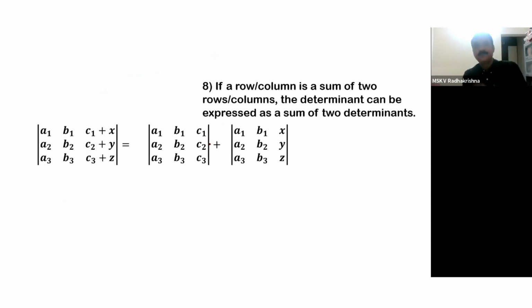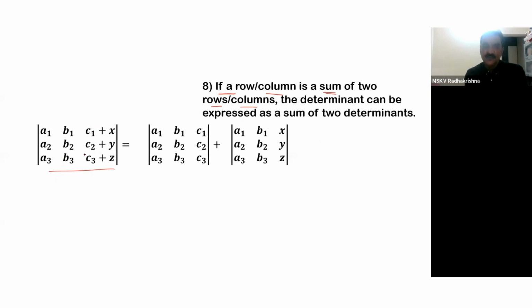Next property. This is the last property. If a row or column of a determinant is a sum of two rows or columns, the determinant can be expressed as a sum of two determinants. You observe this. This is a determinant. Here, the third column is given as a sum of two columns. Every element in the third column is given as a sum of two elements.